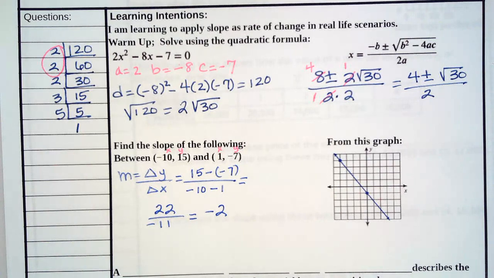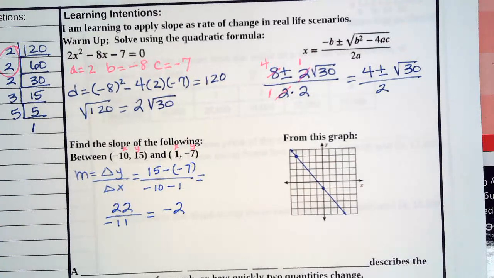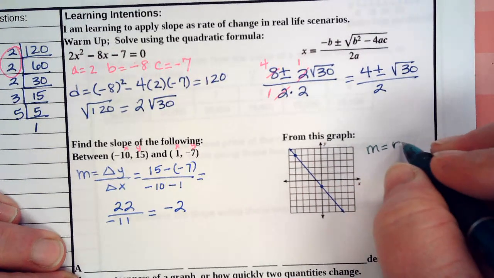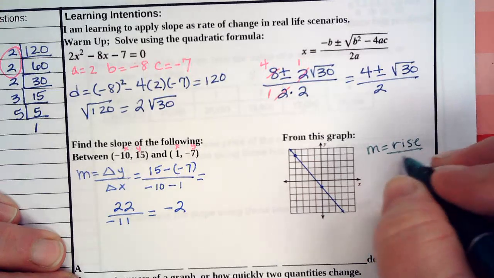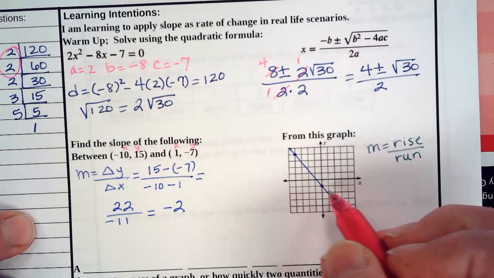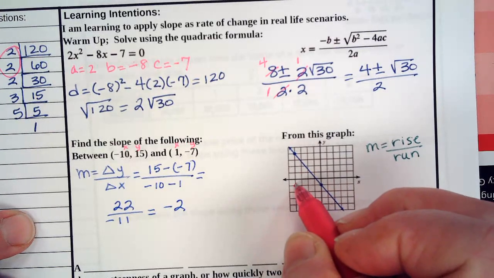Okay, from a graph, we're looking at rise over run. We're also looking at the fact that we'll create that right triangle.